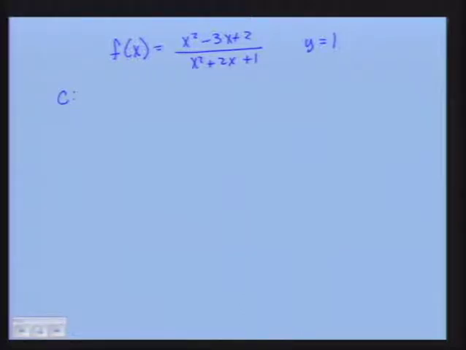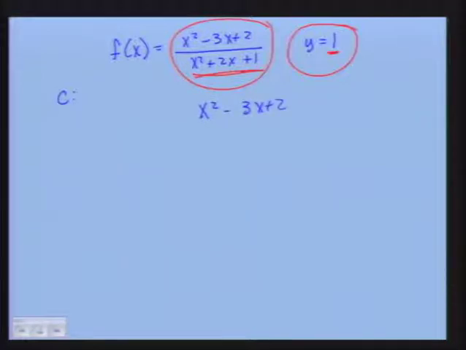So let's let the y here equal the y here. So this y and this y together. And if the y's can be set equal and we find an x, then we know we have a crossing point. So x squared minus 3x plus 2 divided by x squared plus 2x plus 1 equals 1.